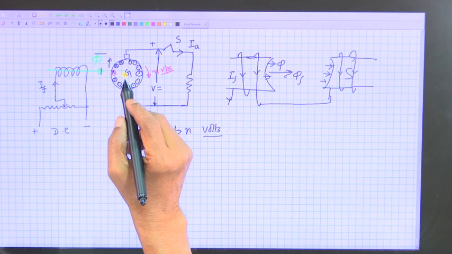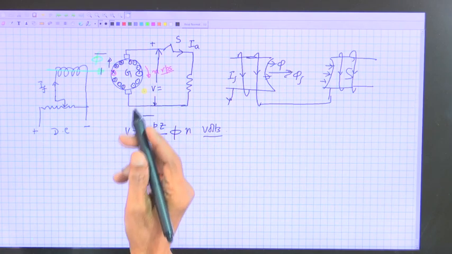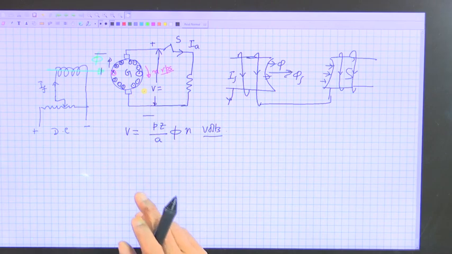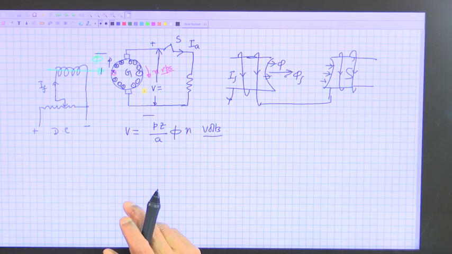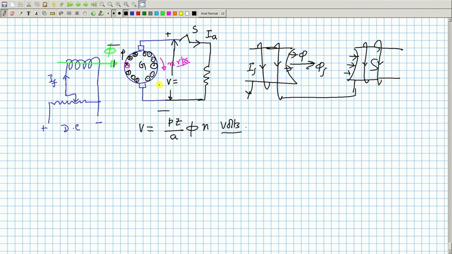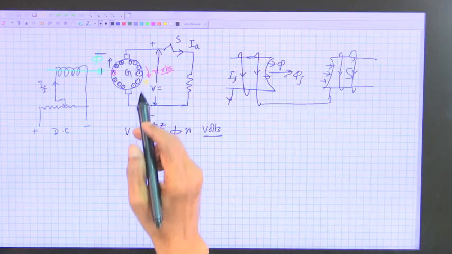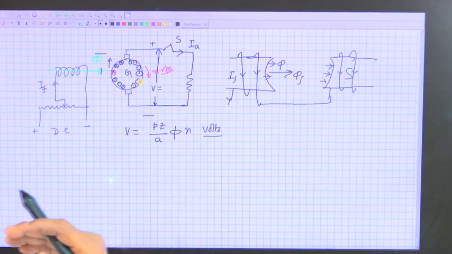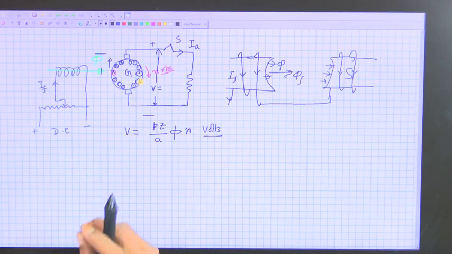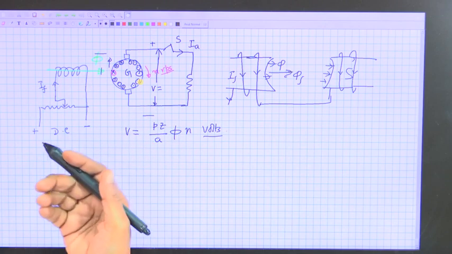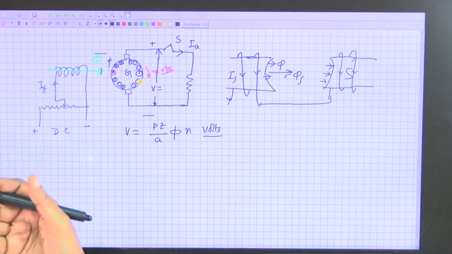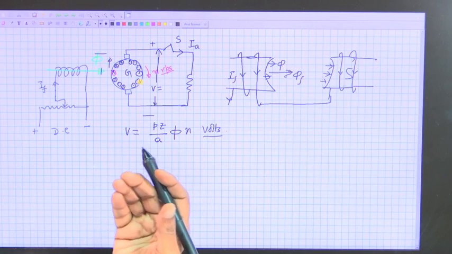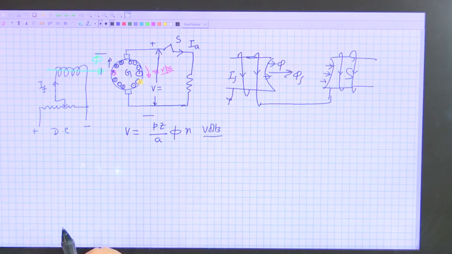Prime mover was running this generator at some speed in the clockwise direction. How much torque the prime mover had to apply so as to make it run in the clockwise direction? Opposing torque was maybe some little friction torque, that is, fuel consumed by the prime mover at that time was very little, just to overcome friction to run it at a constant speed.